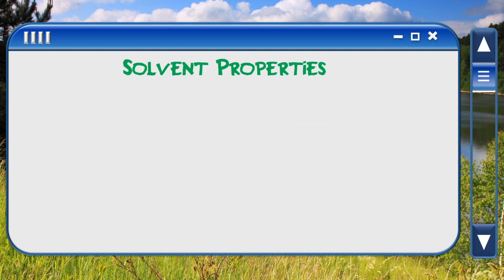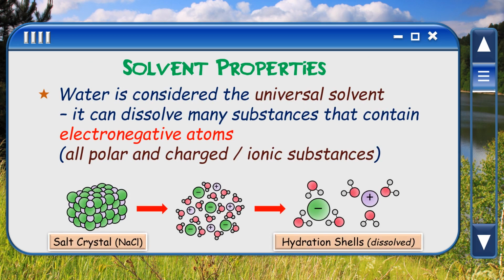Let's talk about the solvent properties. Water is considered a universal solvent. It can dissolve many substances that contain electronegative atoms, all polar and charged or ionic substances.